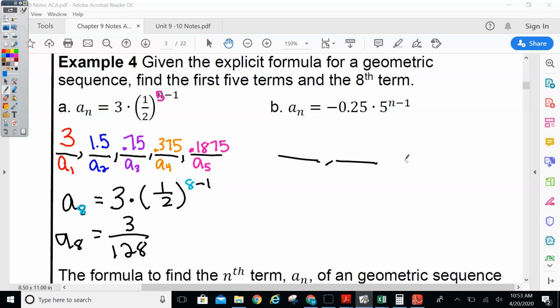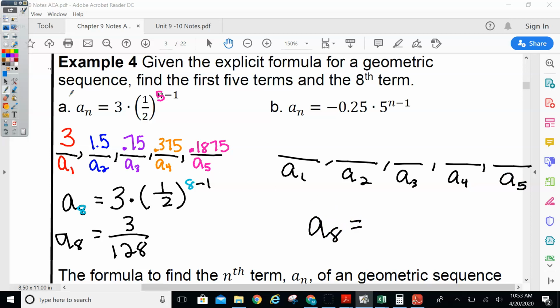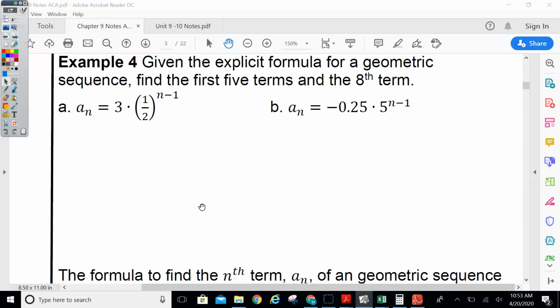I'm still going to get the first 5. But now I'm going to type them into the table instead of doing one at a time. A4, A5, and then A8 there. And so over here on the table, let me just pull up the whole thing.